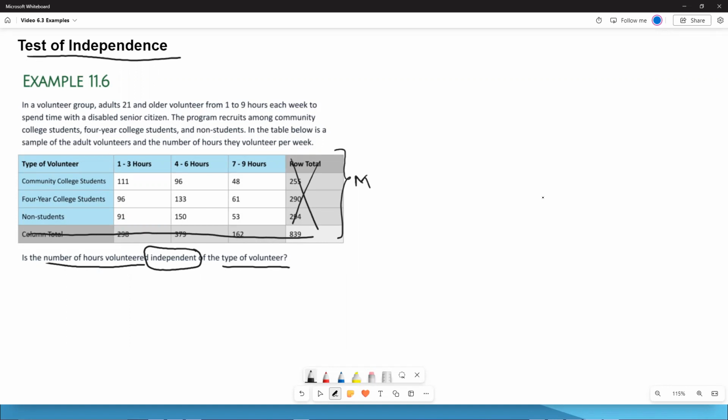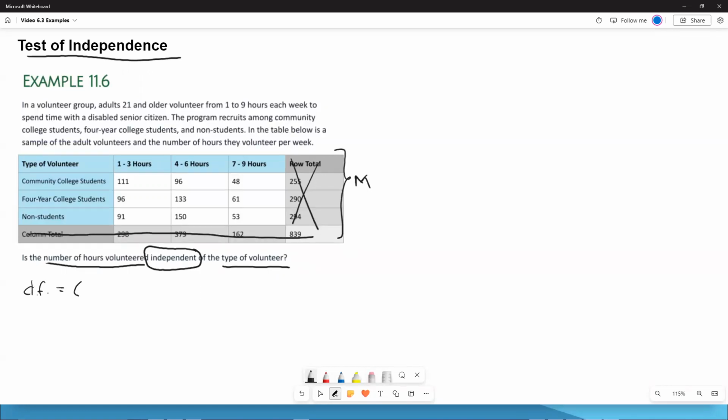And we can see for our 2 variables, number of hours volunteered, our categories are 1 to 3, 4 to 6, 7 to 9. And then types of volunteers are the types of students, community college, 4-year or non. We don't have to calculate our expected values, but we should figure out our degrees of freedom. That's just good practice.